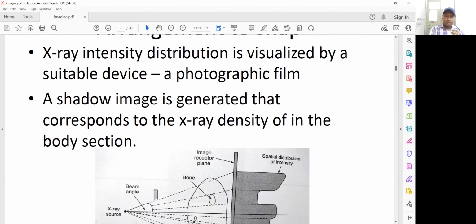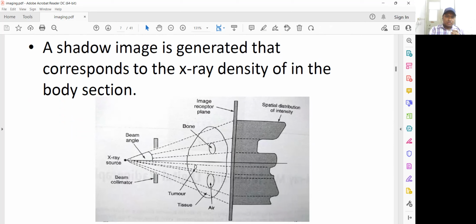Now, this is the X-ray source, and the beam penetrates through different body parts or body elements like bone. There may be some air inside our body, some different tissues, there may be a tumor inside our body. So this X-ray source is penetrating the body.